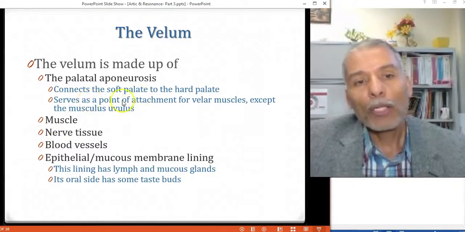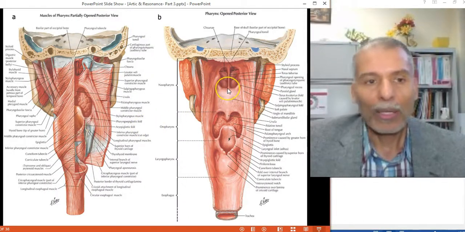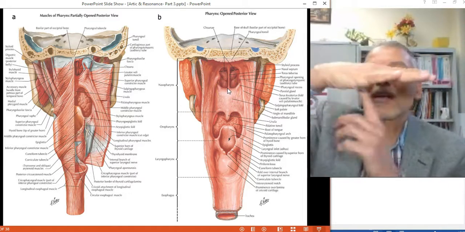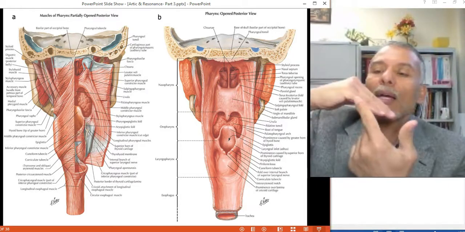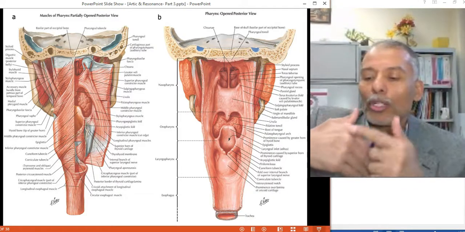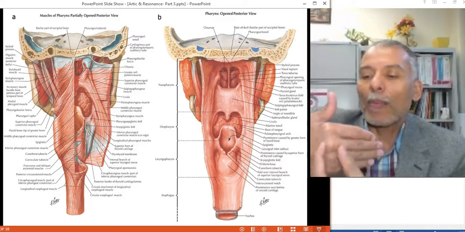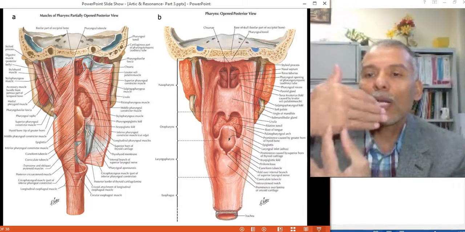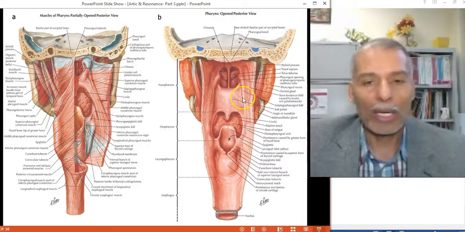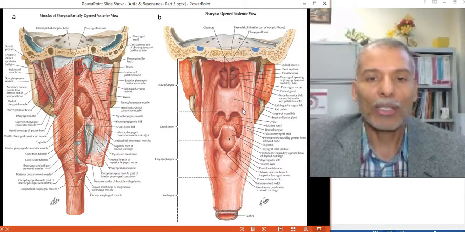So if you think of this as the hard palate, the movable piece will be the soft palate. On the border between the hard palate and the soft palate, you have the palatal aponeurosis. And we'll discuss how it is formed and how it helps make the connection.